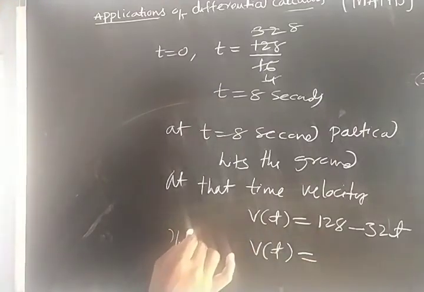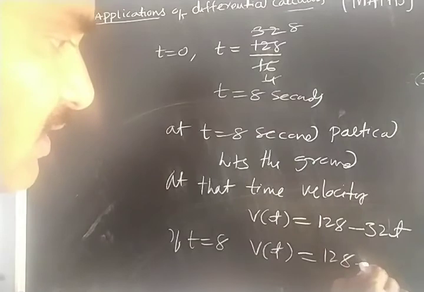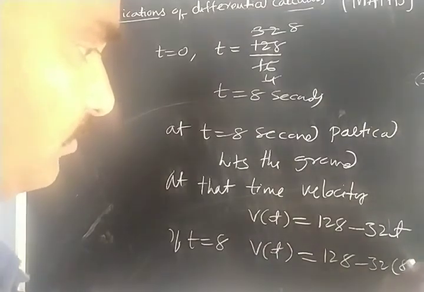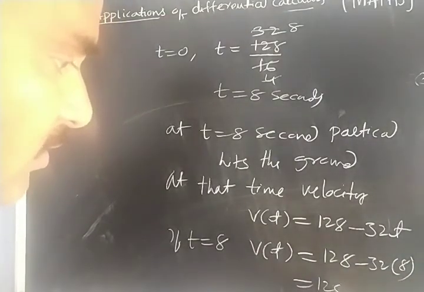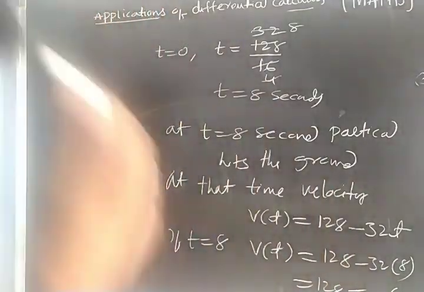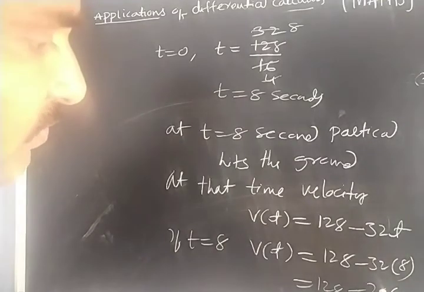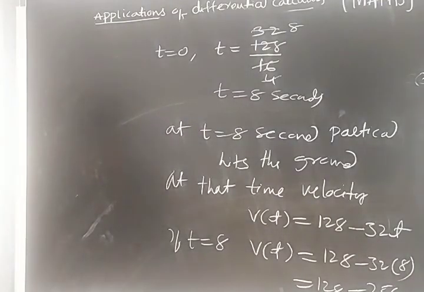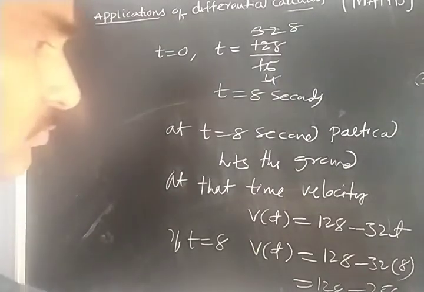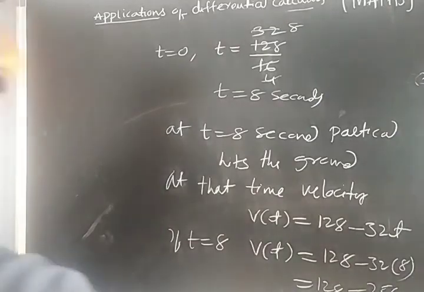If t equal to 8, then velocity is 128 minus 32 into 8. 32 times 8 is 256. 128 minus 256 becomes minus 128 feet per second.